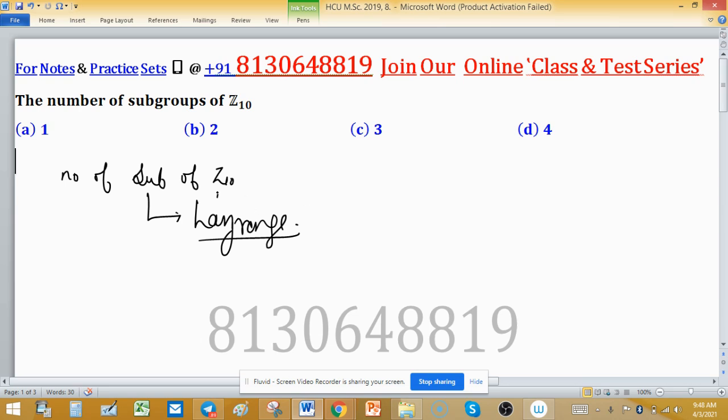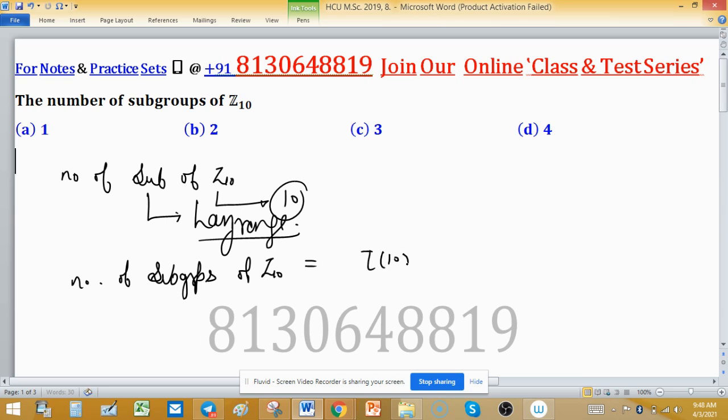This is a group of order 10, so all possible subgroup orders will divide 10, and the number of subgroups of Z10 will be tau 10.